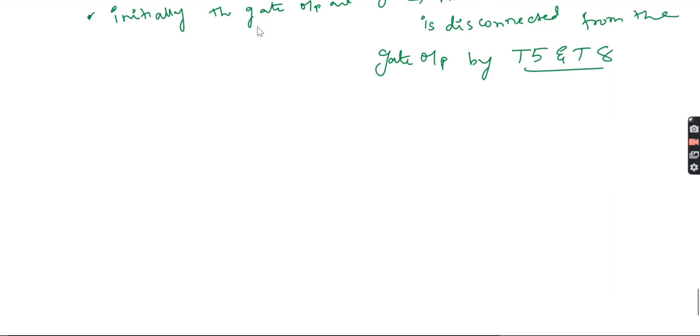Now the circuit is in the starting state. The circuit will enter into the evaluation mode only when the clock is equal to 0. Why? Because we assumed that initially we pre-charge with 0.